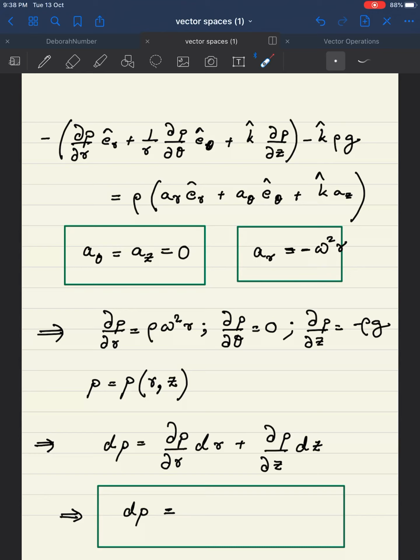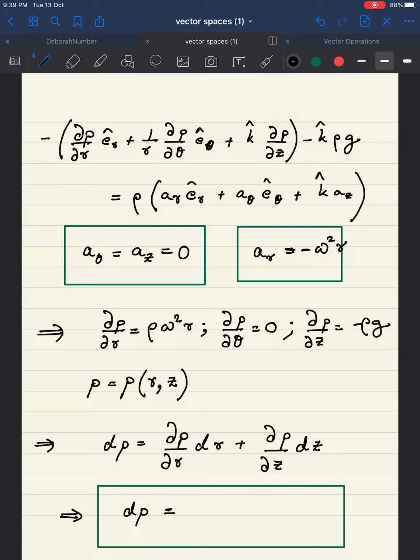So the total derivative dp is now del p del r into dr plus del p del z into dz, right? So all you now need to do is to look up and see what the expressions are and just sort of copy it, right?